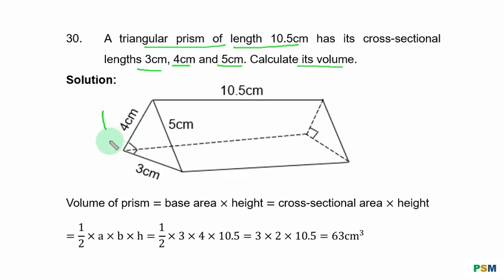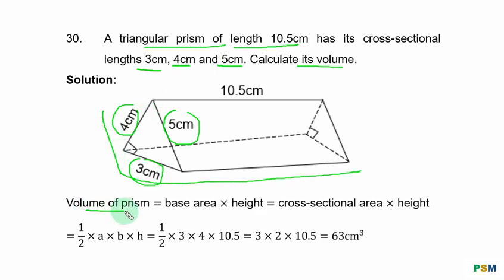This figure represents the given information. The shortest side is a, that is 3. You have 4, and the longest side is the hypotenuse, considering the cross-sectional area, which is a right-angled triangle.